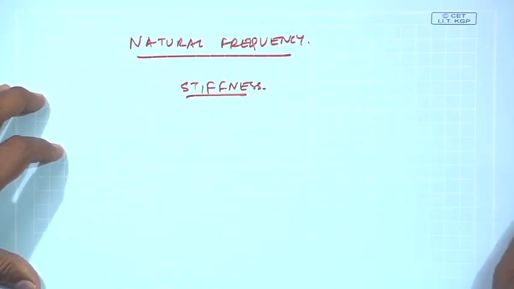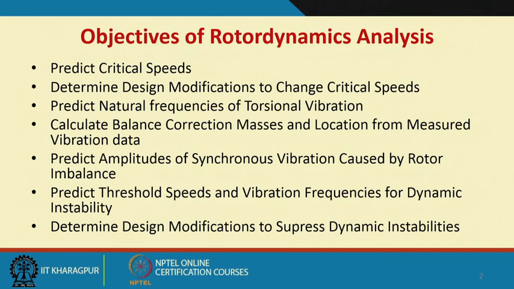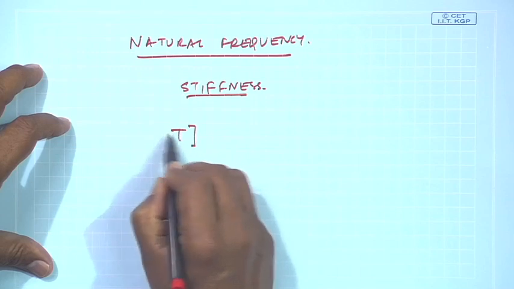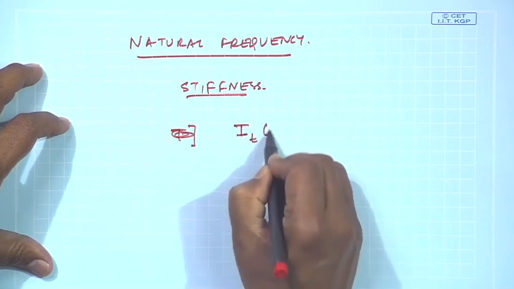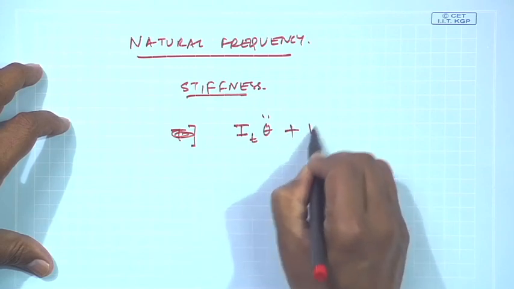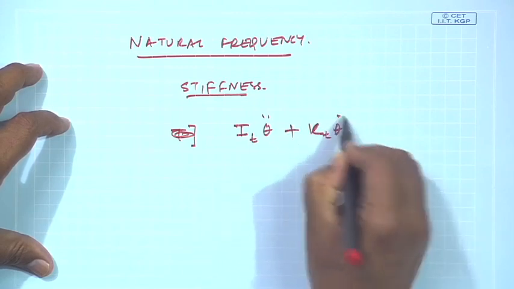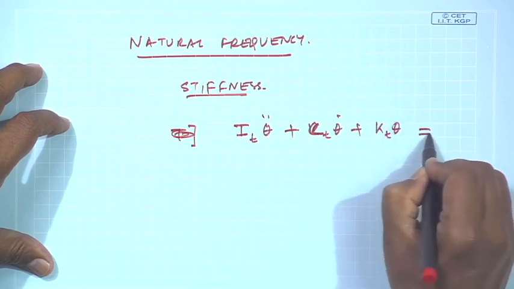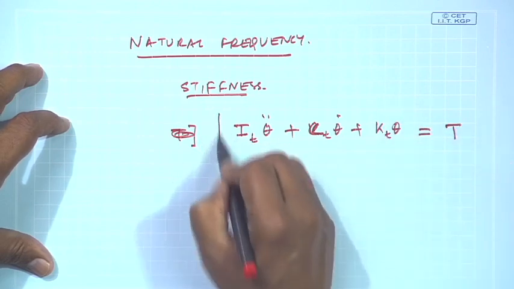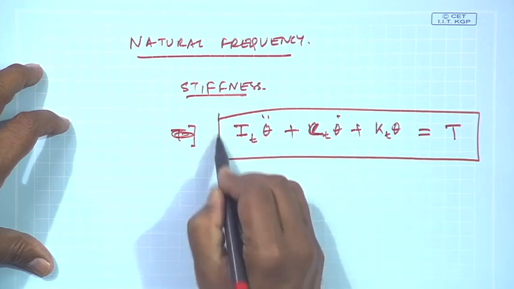Another is predicting the natural frequencies of torsional vibrations. So far we had studied linear vibrations, but in any torsional vibration system, I have the inertia term plus the damping term and the stiffness term, which is equal to the external torque in a rotating system.